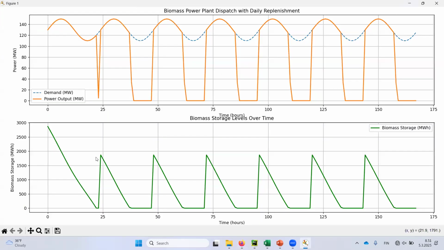So in this case, my biomass replenishment cycle cannot meet the demand that is needed. So in here, the initial storage amount that you had is going to almost be enough, but then the replenishment cycle isn't fast enough.